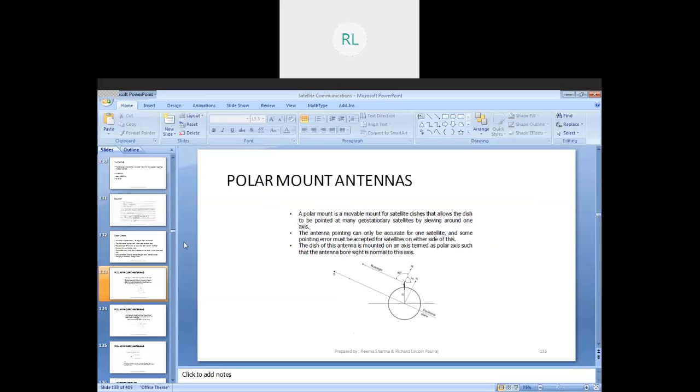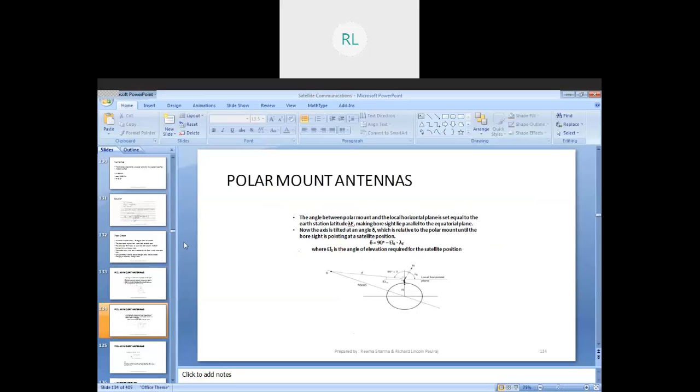So if I don't have this tolerance, then what is going to happen? I'm going to lose signals, right? Because it doesn't point properly, and if there is no tolerance, then we are going to lose out.